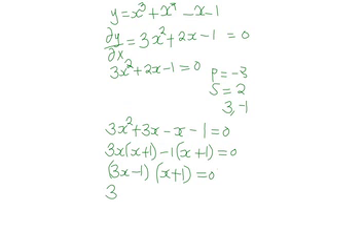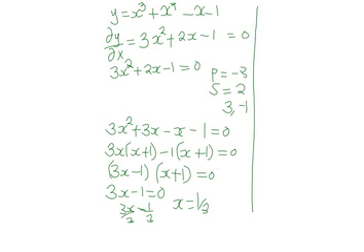Either 3x minus 1 equals 0, and 3x will be 1, divided by 3, so the value of x will be equal to 1 over 3. Or x plus 1 equals 0, and the value of x will be equal to negative 1.